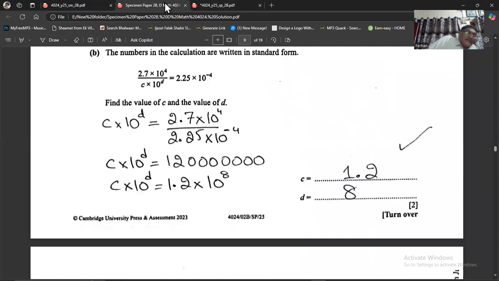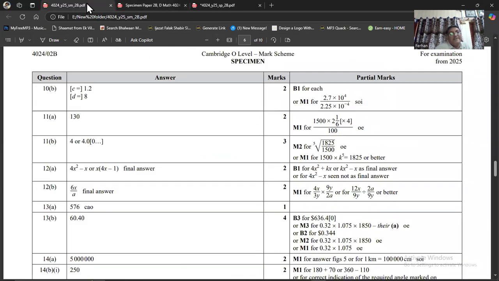Because the calculator is allowed in this paper, C expo D is equal to 2.7 expo 4 divided by 2.25 expo minus 4, which equals 1.2 expo 8. So because this is in the standard form, the C value will be 1.2 and the D value will be 8. I hope you understand.